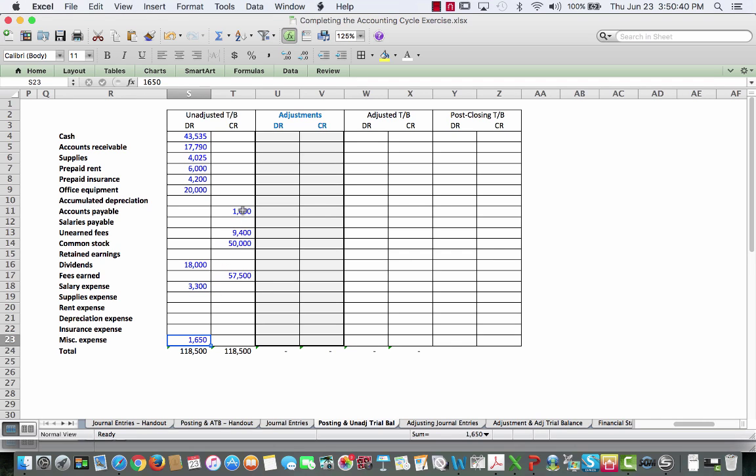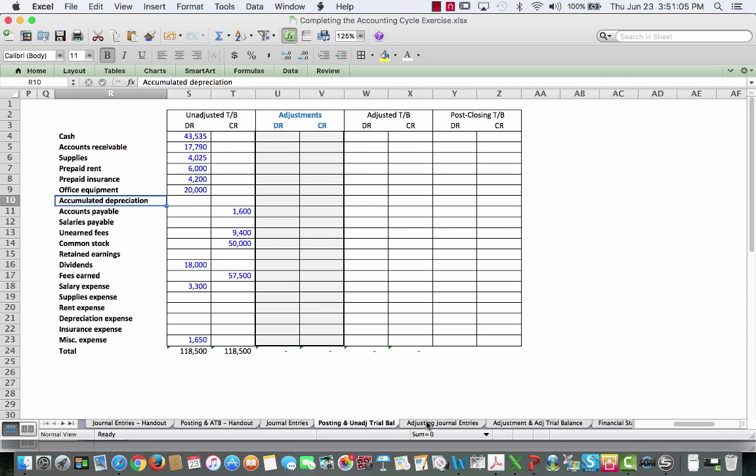And as we learned in class, liabilities, equity, and revenues all have credit balances. You'll also notice that some of these accounts have a zero balance, such as supplies, rent, depreciation, insurance, accumulated depreciation.